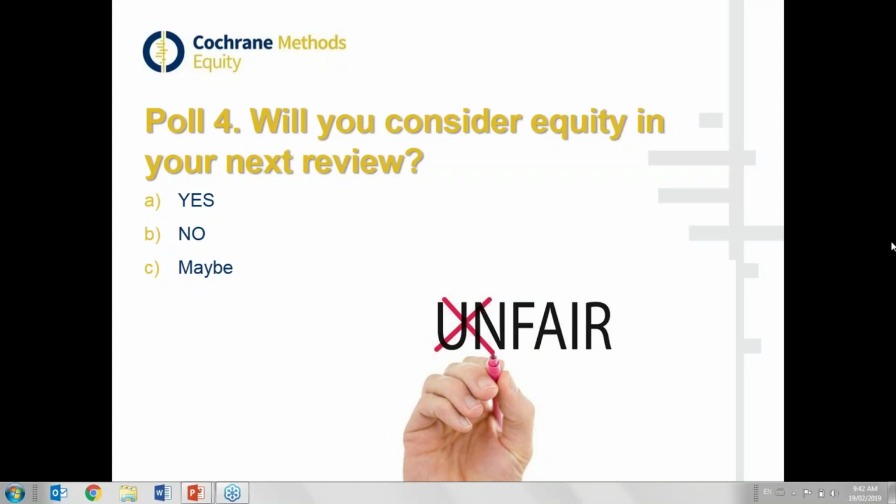I do know of one trial that did look at inequalities in child health, in the context of a pragmatic effectiveness trial. But I think it's a while before we see that coming into Cochrane reviews as an outcome measure. That's a good area to look at for the future, I think.